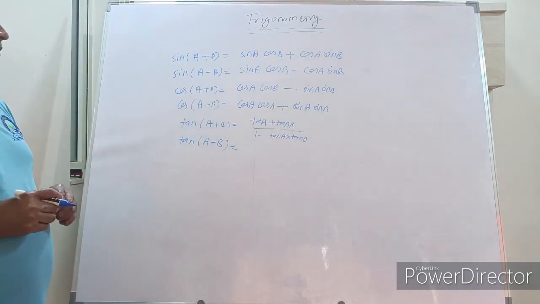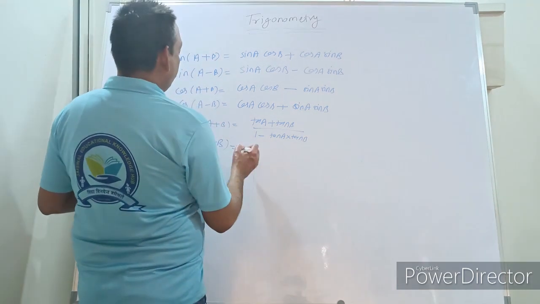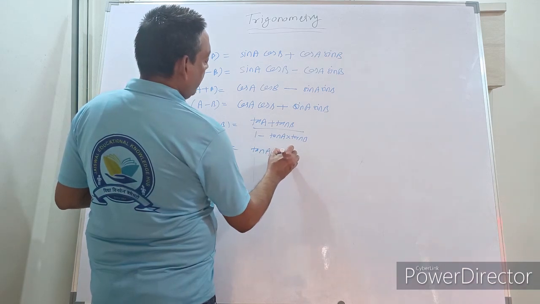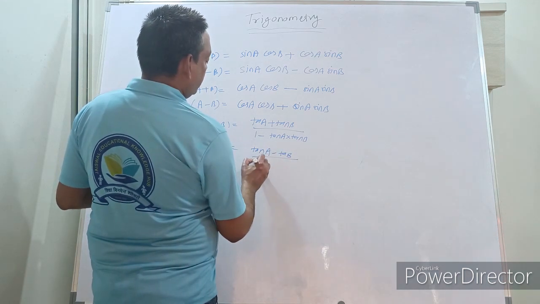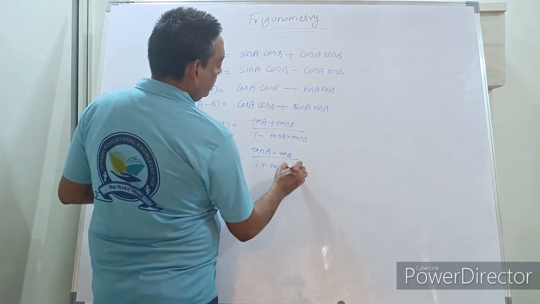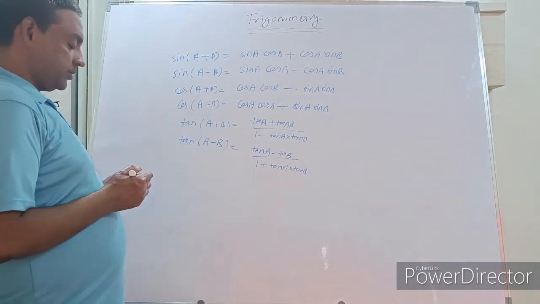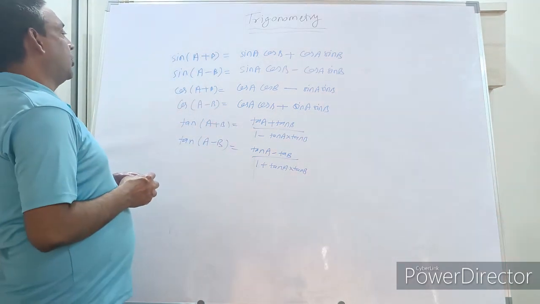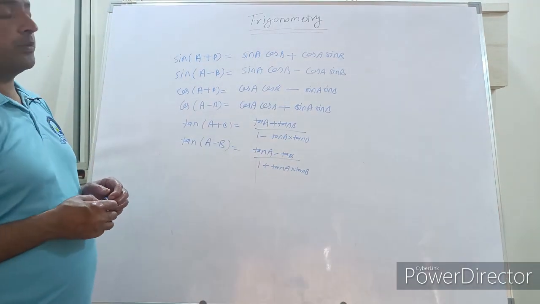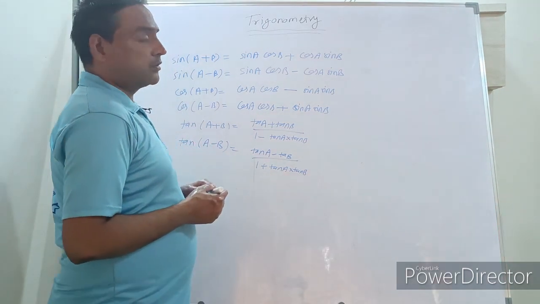And if it is tan(a minus b), it is tan a minus tan b upon 1 plus tan a into tan b. This is what we call the compound angle: sin(a plus b), cos(a plus b), tan(a plus b), sin(a minus b), cos(a minus b), tan(a minus b).